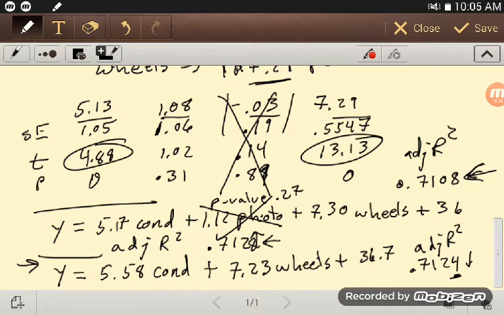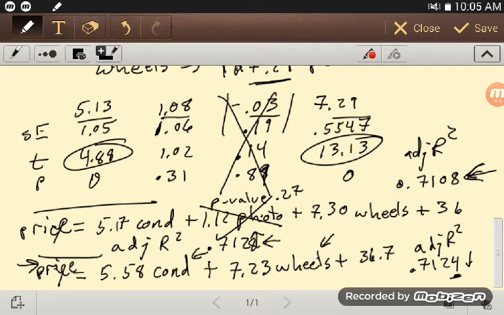And so what we would want to do, if we're trying to explain price, I put Y here, but that was really price, wasn't it? If we want to explain price by these various aspects, it could be we're most interested in condition, but a definite confounding variable is wheels.